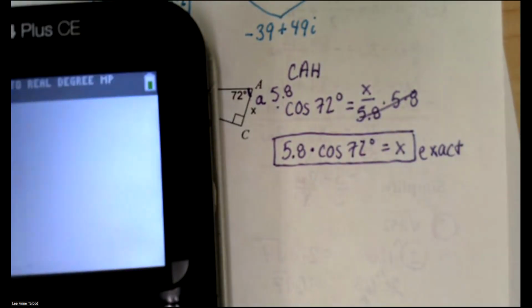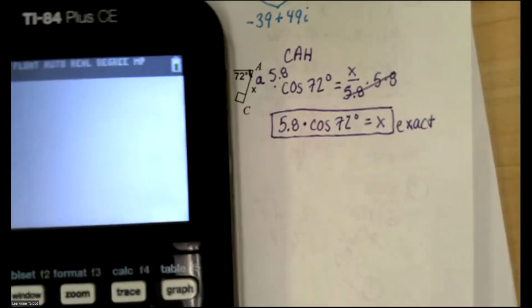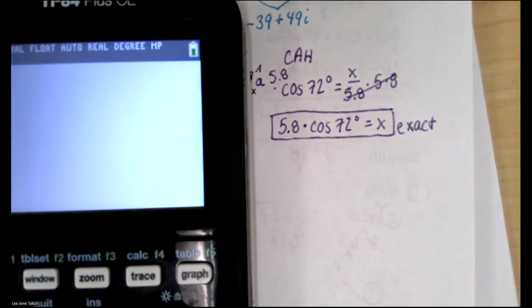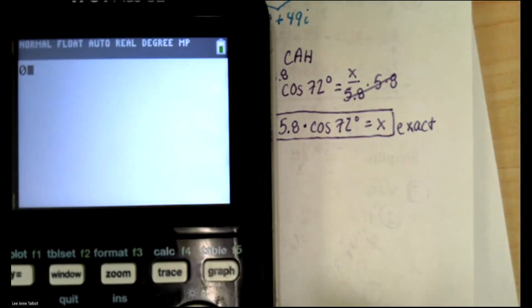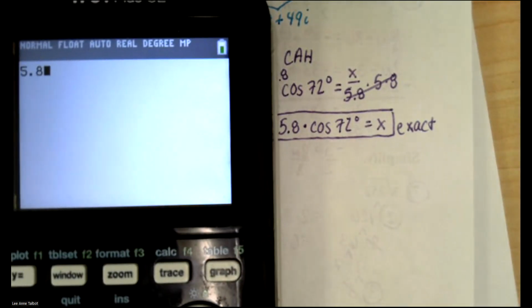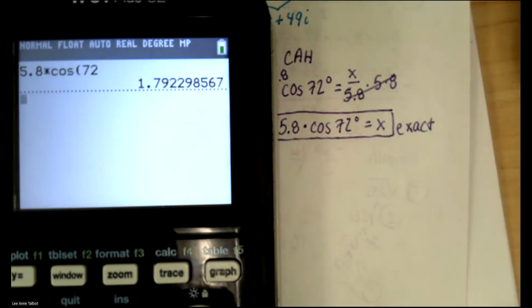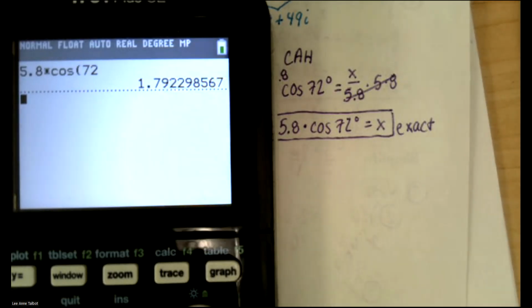And then we go over here, 5.8 times cosine 72, 1.79.